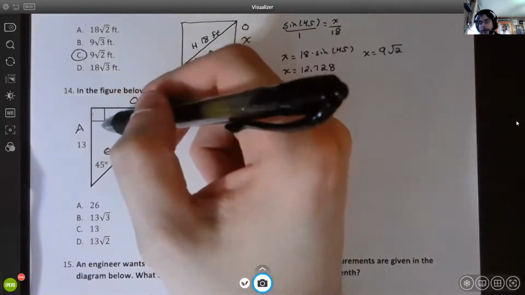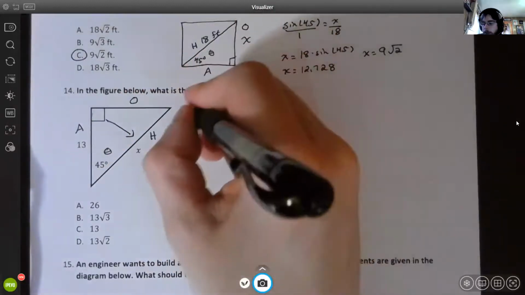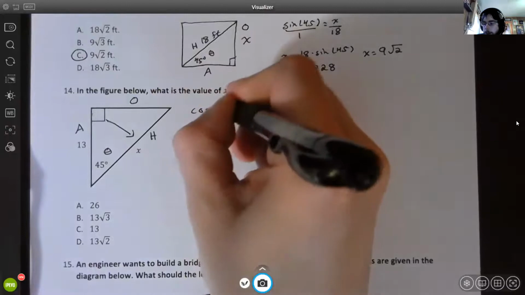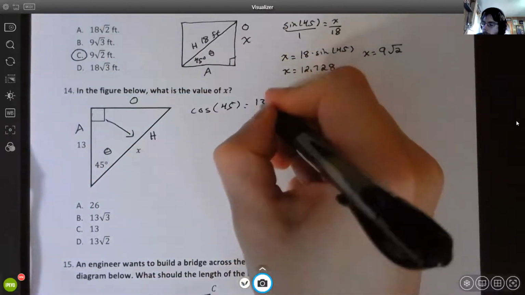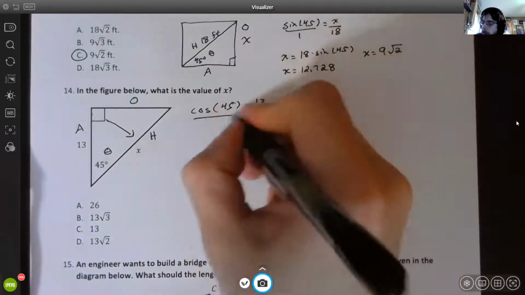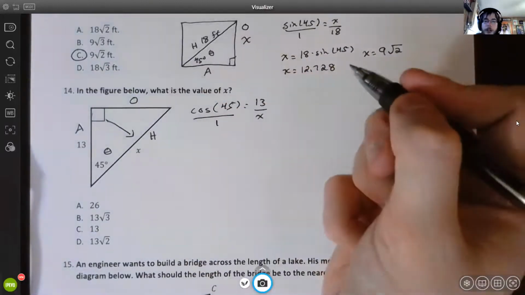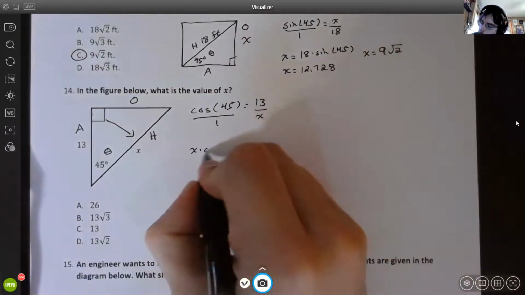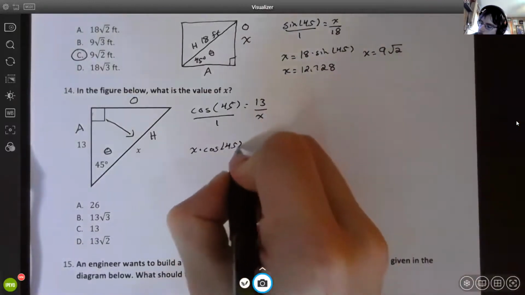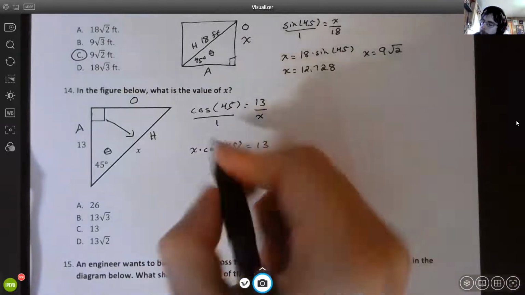So we use cosine. So cosine of 45 is going to be equal to A over H, which is 13 over X. Place cosine of 45 over 1, cross multiply, and we get that X times cosine of 45 is equal to 13.